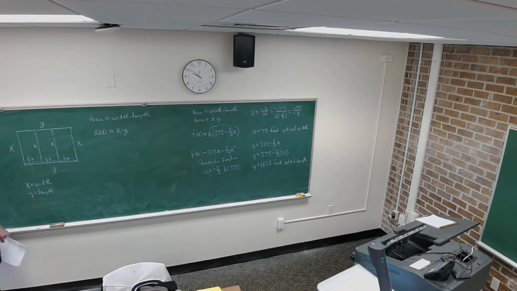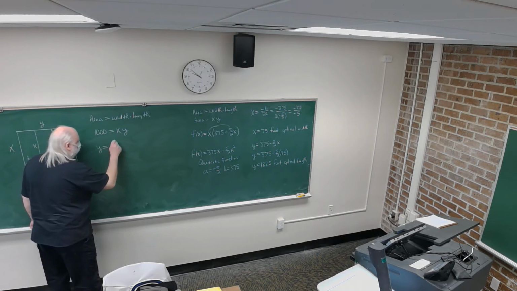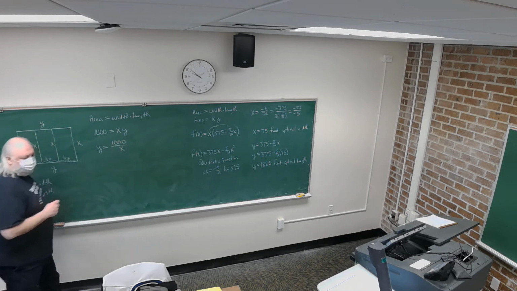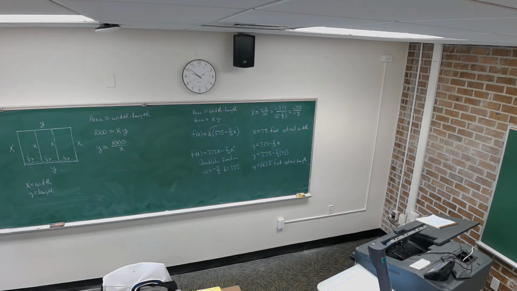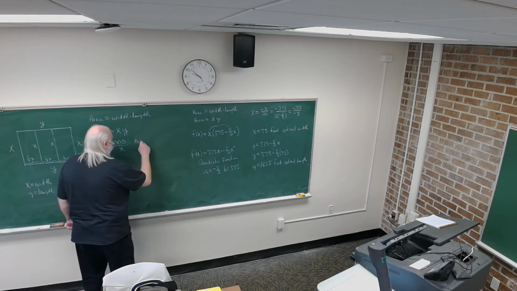And so, solving for y, whatever x is, y has to equal 1,000 divided by x. Okay. Whatever x is, y has to equal 1,000 divided by x in order for the area of that rectangular plot to be 1,000 meters squared. Okay. So this is the area constraint.